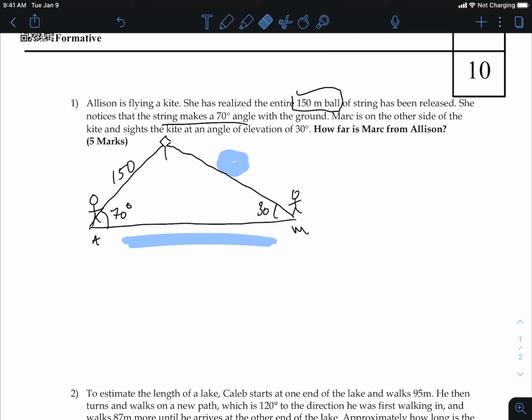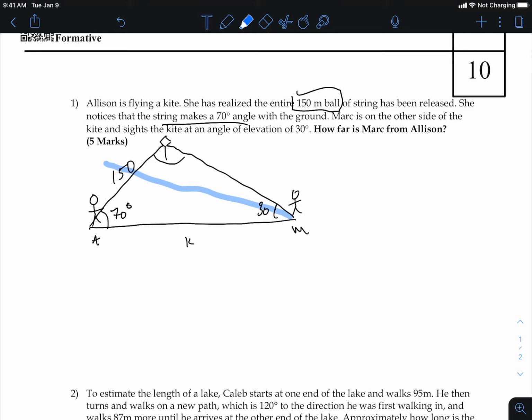Right? So here's what we need to do. We'll call this side length little k because it's opposite the kite. Okay? So first of all, what do I see here? I see a brother-sister pair. That lets me use sine law.